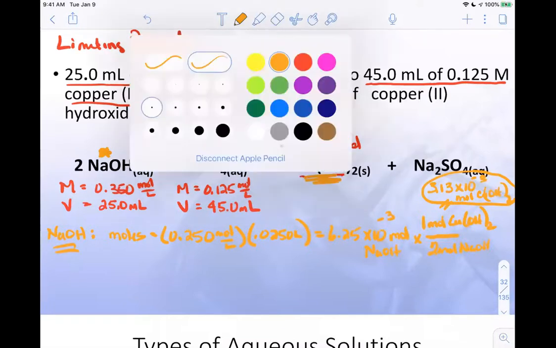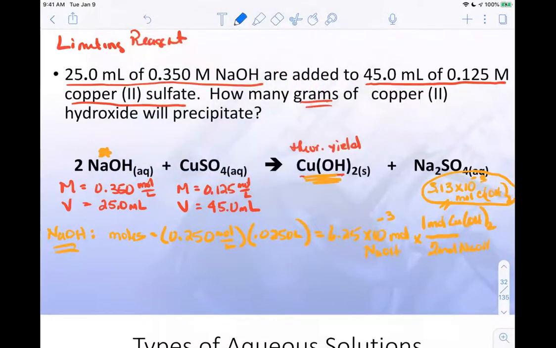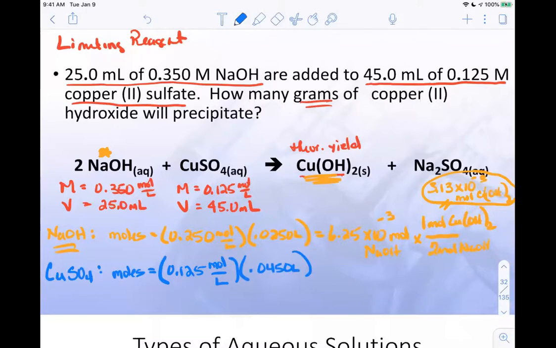Well, let's look at the amount of product that I get if I used the copper(II) sulfate. So I'm going to do the same thing. I have 0.125 moles per liter of my copper sulfate times 0.0450 liters of my copper(II) sulfate.